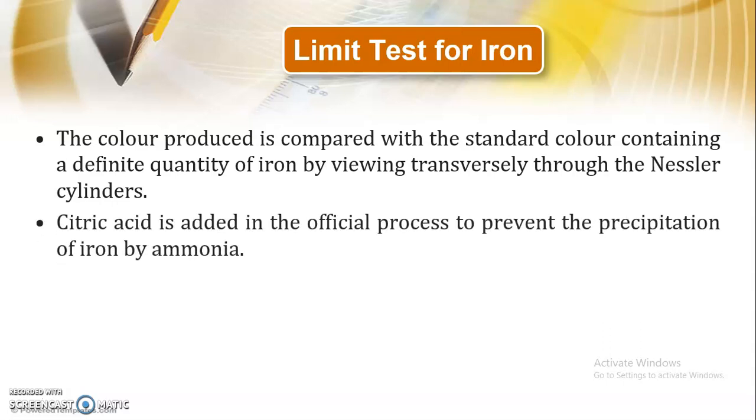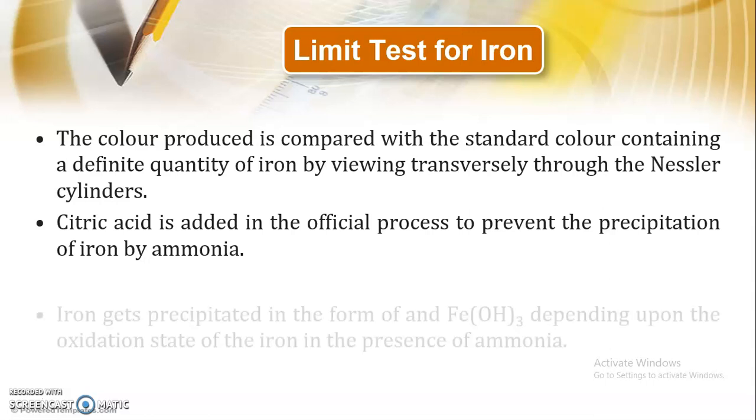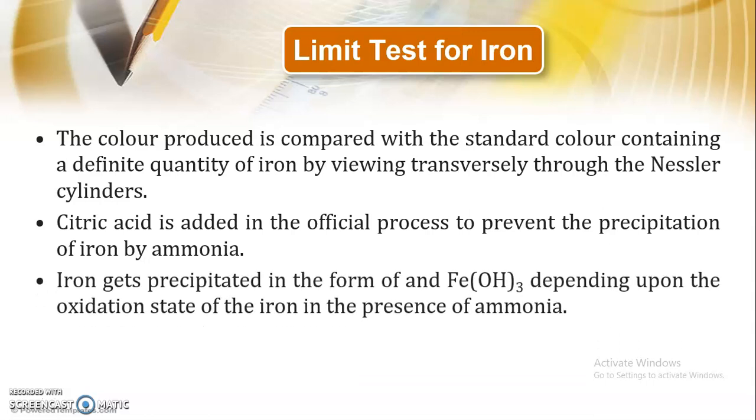Citric acid is added in the official process to prevent the precipitation of iron by the ammonia. Because if we add ammonia to the iron solution, it leads to the formation of a precipitate of iron. Iron gets precipitated in the form of ferric hydroxide or ferrous hydroxide, depending upon the oxidation state of the iron present.